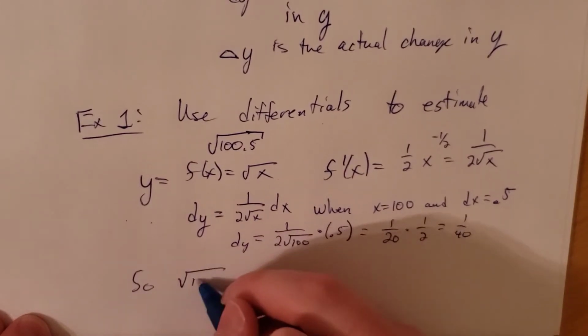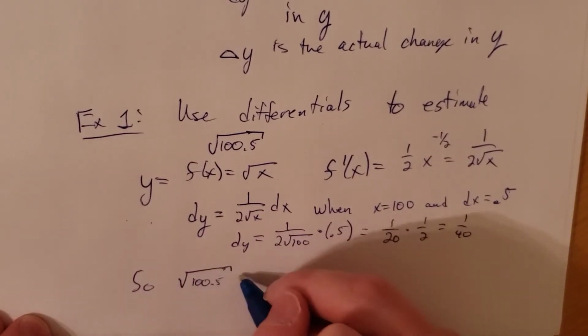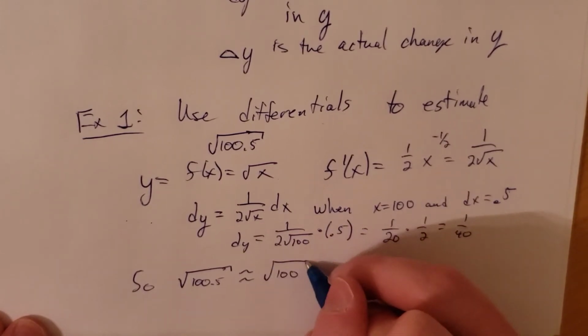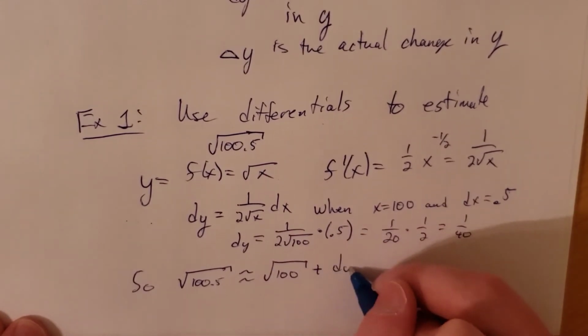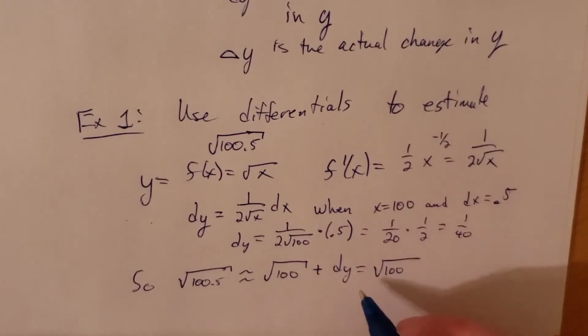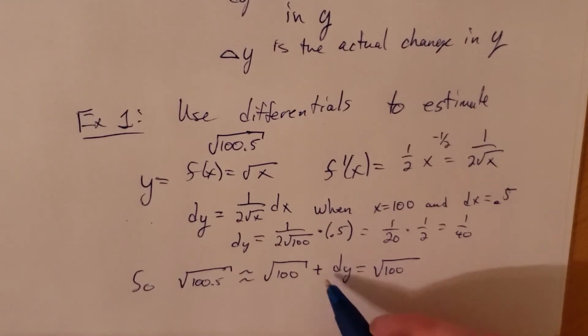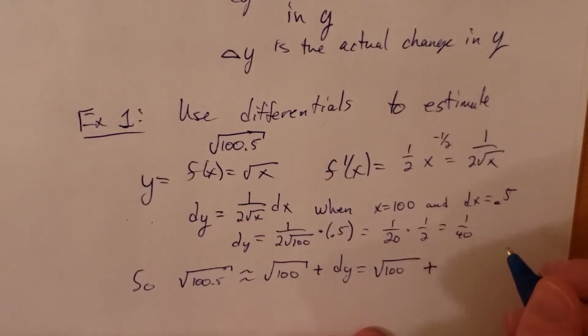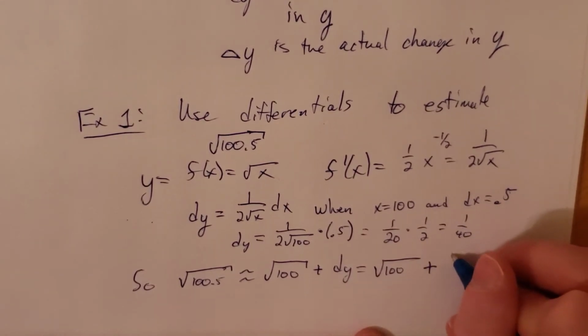So the square root of 100.5 is approximately the square root of 100 plus dy, which is the change, our estimated change from 100 to 100.5 on this function. And what was that again? That was 1 over 40.